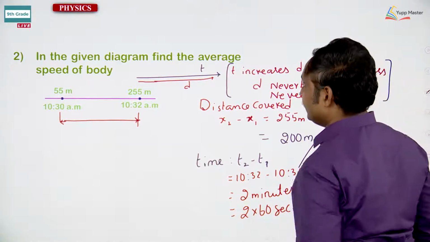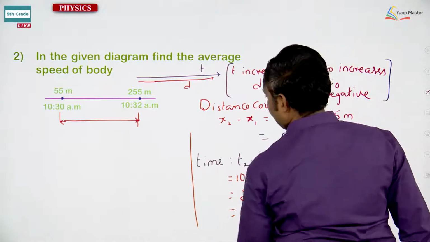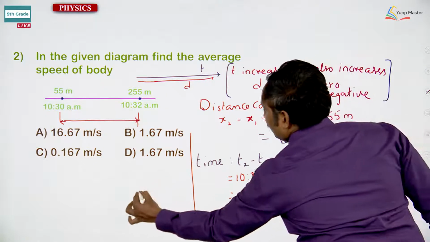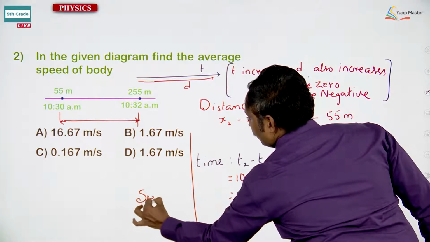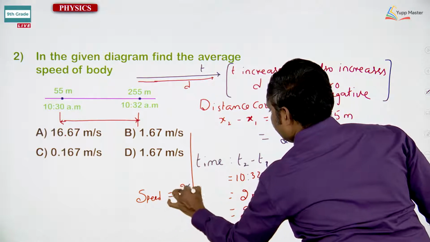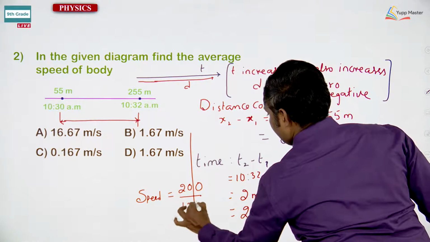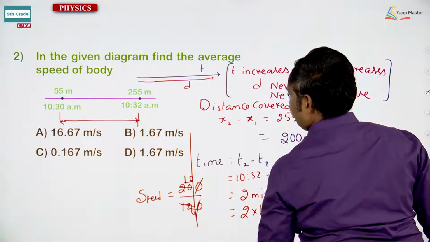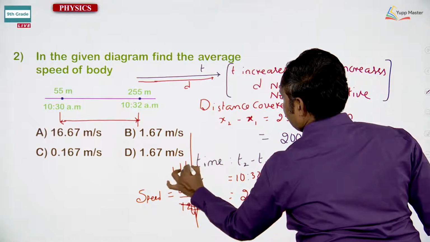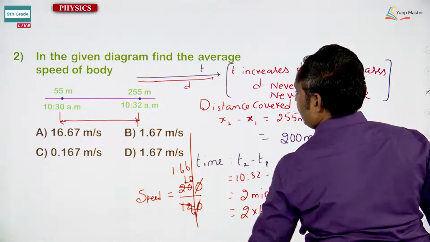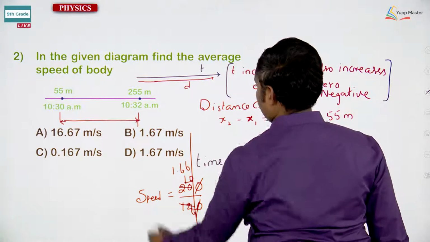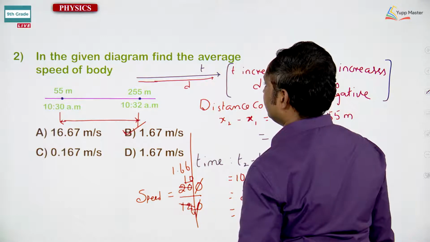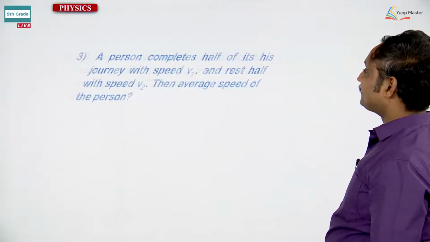You will easily identify that. Then you take the calculations. Speed is equal to 200 by 120. Easily you will find out that you will get 1.66, so 1.6 meter per second. The first one is the correct one. We will take that.